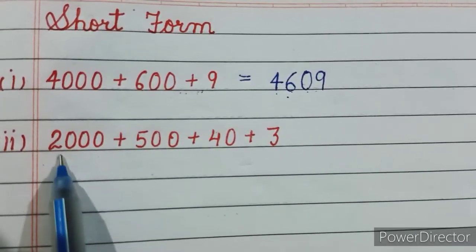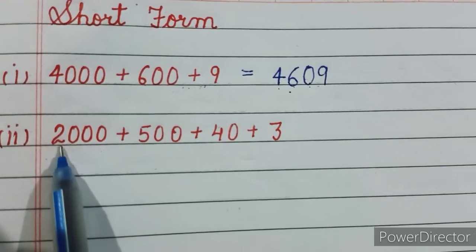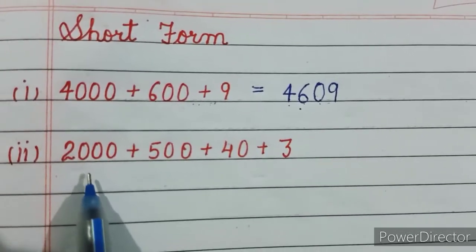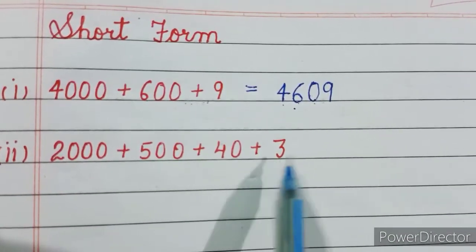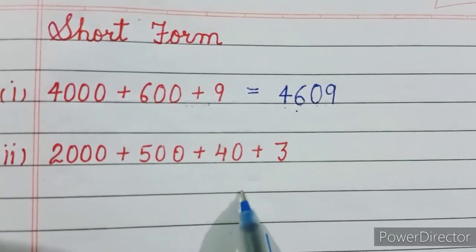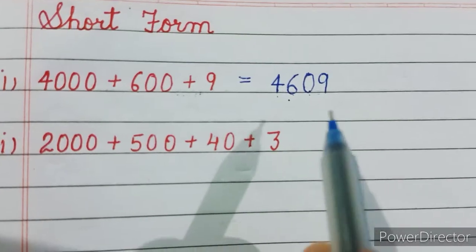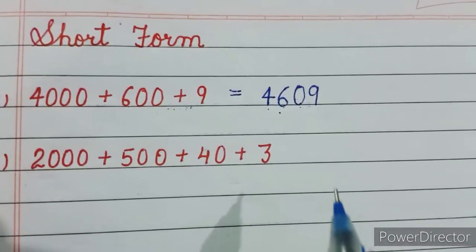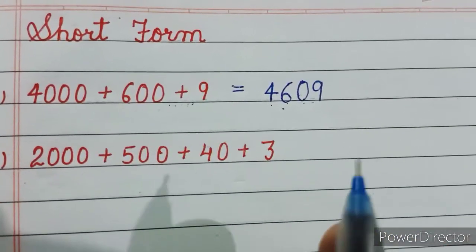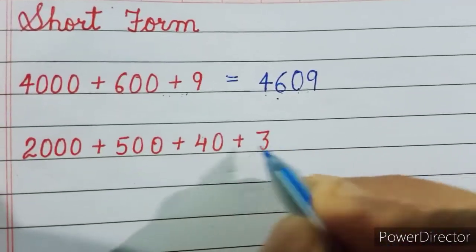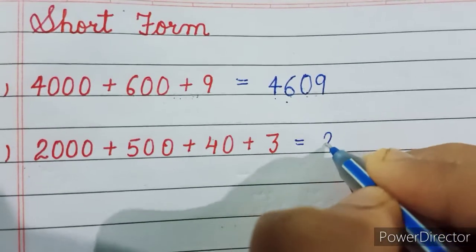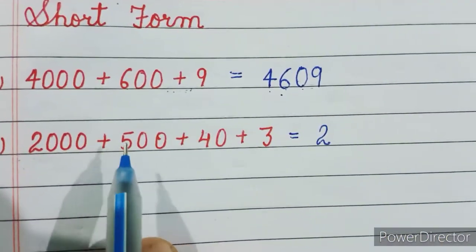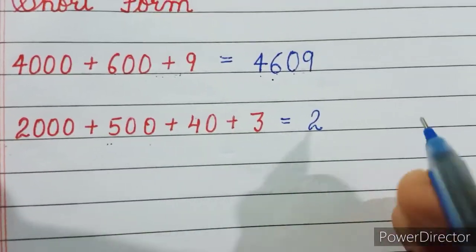Let me explain another question to you. See, 2000 plus 500 plus 40 plus 3. This question we do in the same way. We take 2 of 2000. We take 5 of 500.